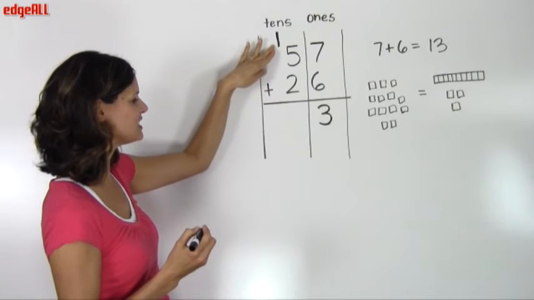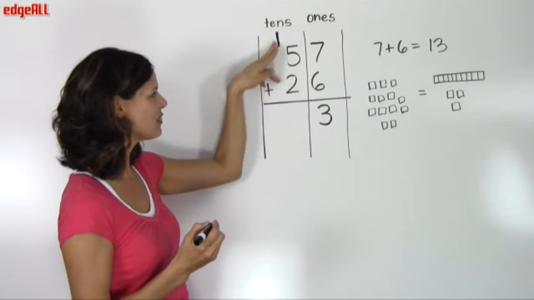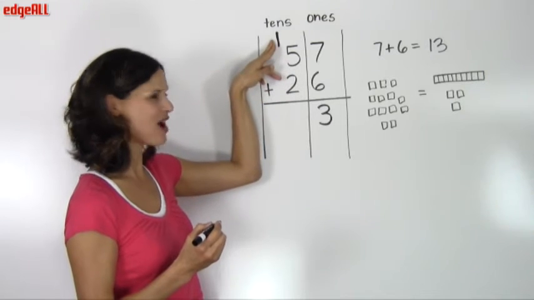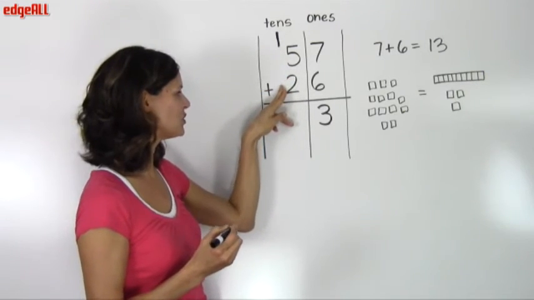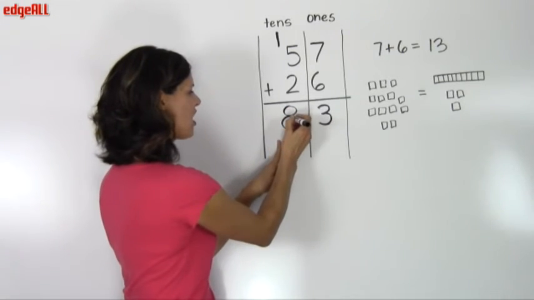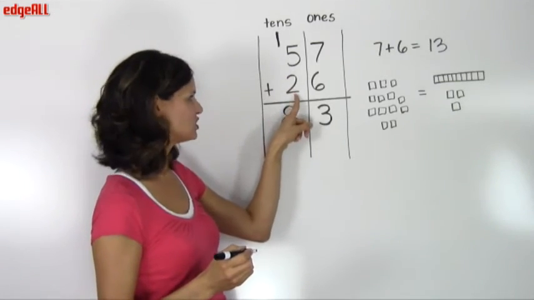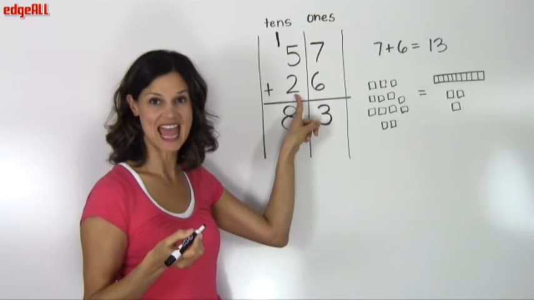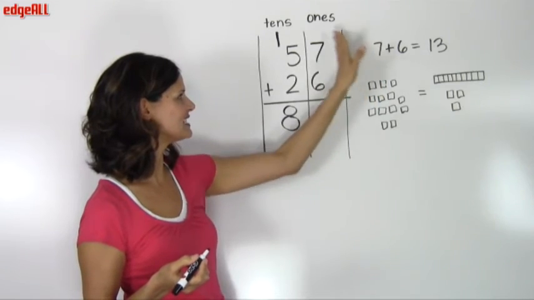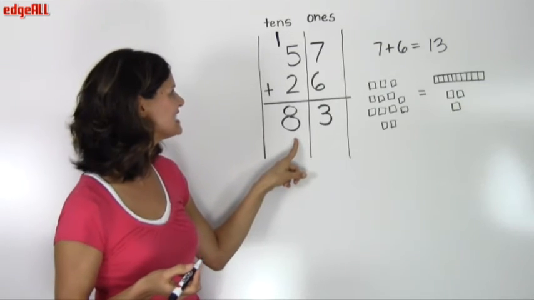Now all we need to do is add together the digits in the tens column, the 5, the 1, and the 2. So 5 plus 1 is 6, plus 2 is 8, and we place our answer here in the tens column. We had before 5 tens plus 2 tens, which would have given us 7 tens. But with this additional 10 that we regrouped from our 7 plus 6, we had to add one more to make a total of 8 tens.